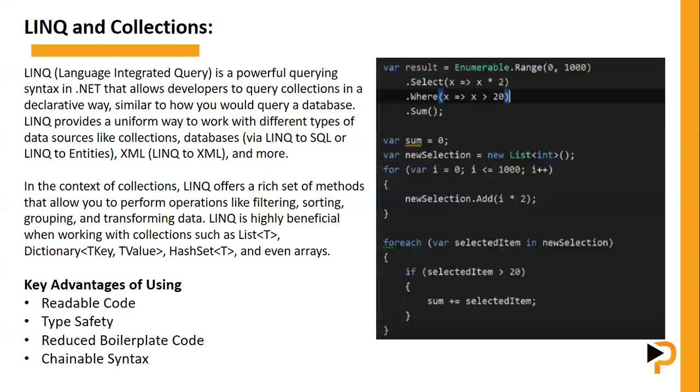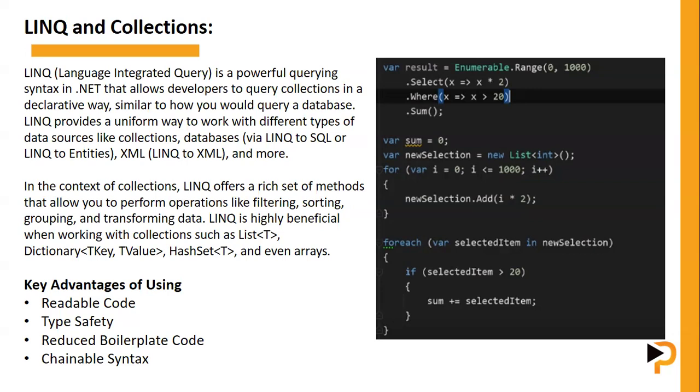Now, as we discussed before also, LINQ is a really basic and core important concept introduced by .NET, and we will say that it is one of the reasons we are using .NET. It's a powerful query syntax in .NET that allows the developer to query collections in a declarative way.